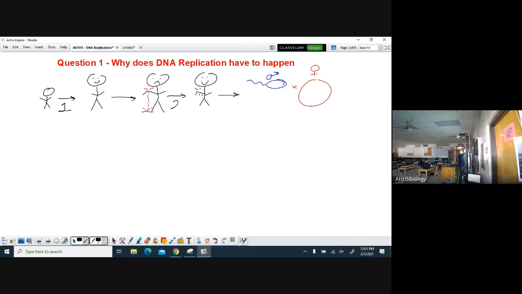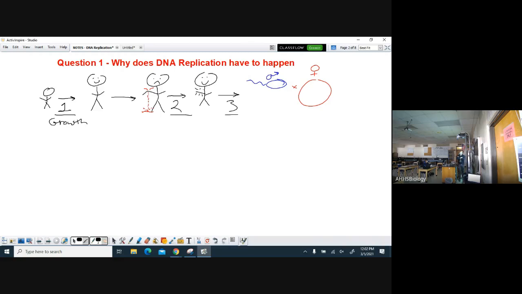One, two, three. Three things that occur that relate to DNA replication. But let's think about what's happening. What's happening in the arrow labeled 1? Growth. Growth happens. Okay.